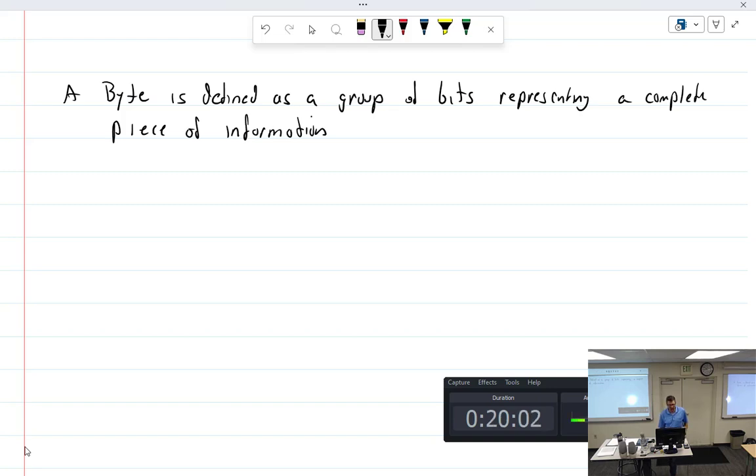All right, so binary uses only 2 digits. And those digits are 1 and 0.